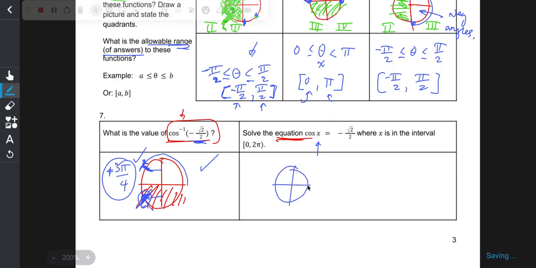You're going to give angles that satisfy this equation, where x is in this specific interval. Okay? So this time we are going to say 3 pi over 4, and we're going to say 5 pi over 4. Solution 1, solution 2 to the equation, they are both between 0 and 2 pi. Okay?